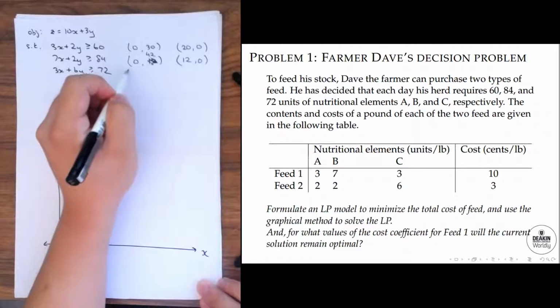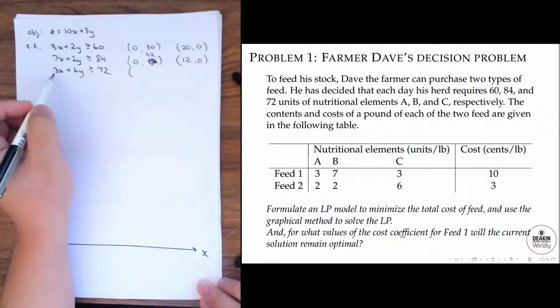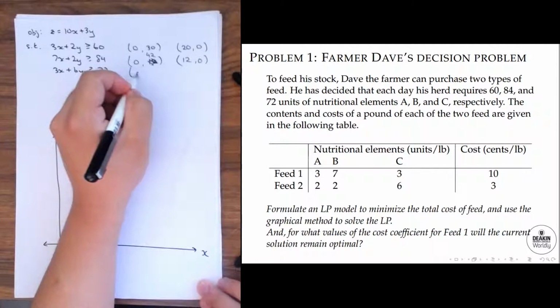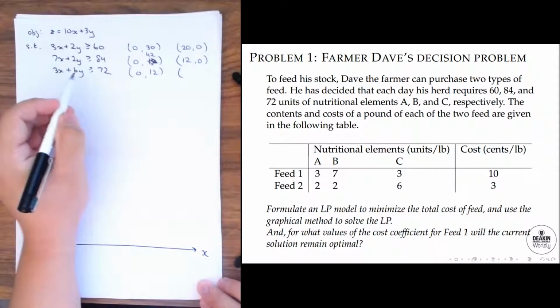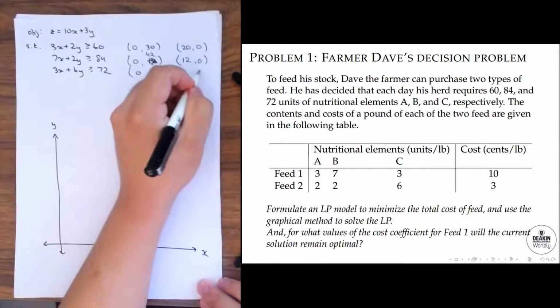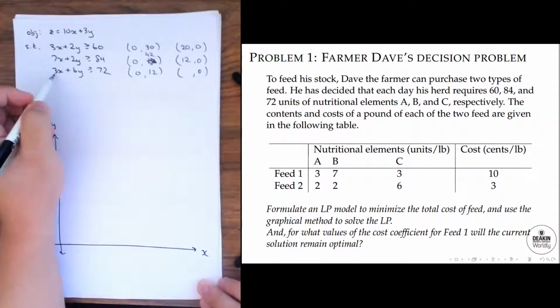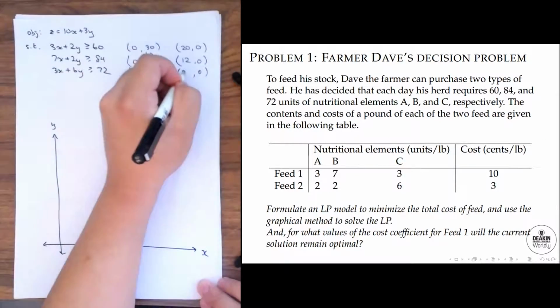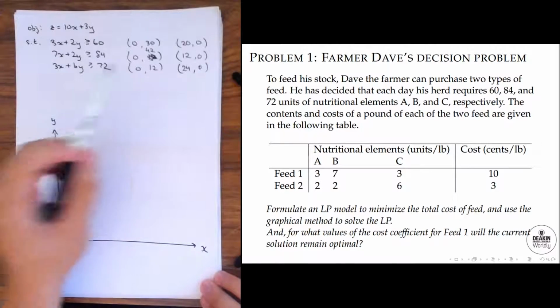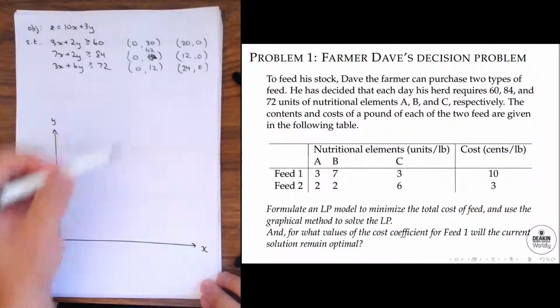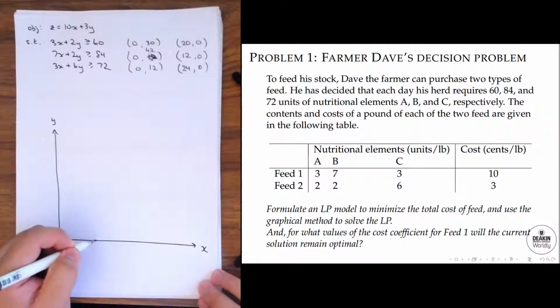Alright, and then the final one: x equals 0, y equals 72 divided by 6, which is 12. And then y equals 0, x is 72 divided by 3, which is 24. That gives us a pretty good idea of how large our axes are, so we can probably do it in increments of 10.